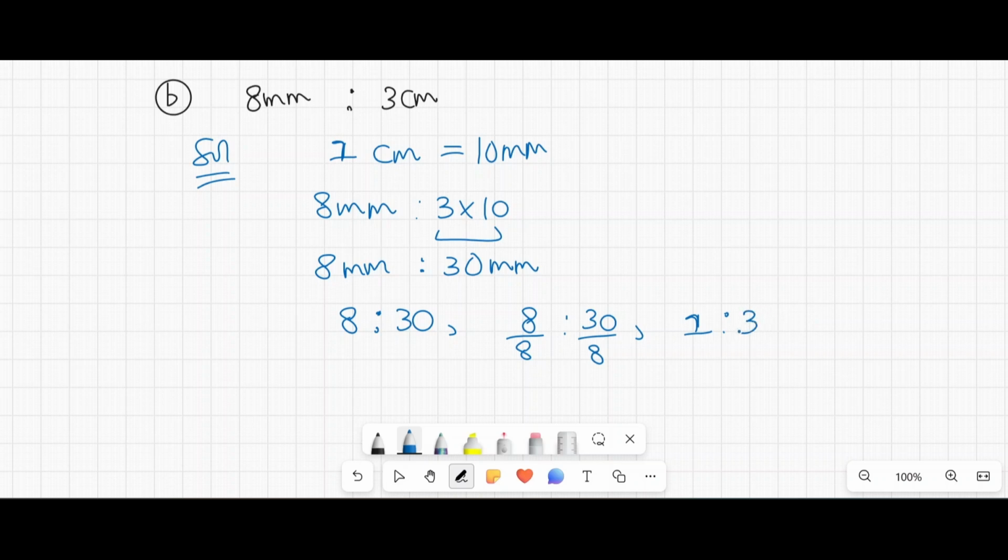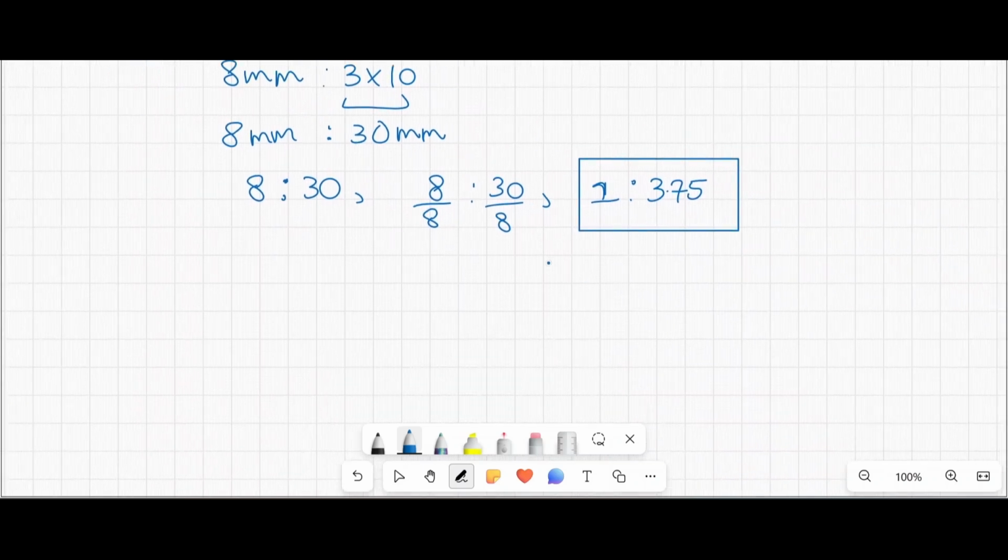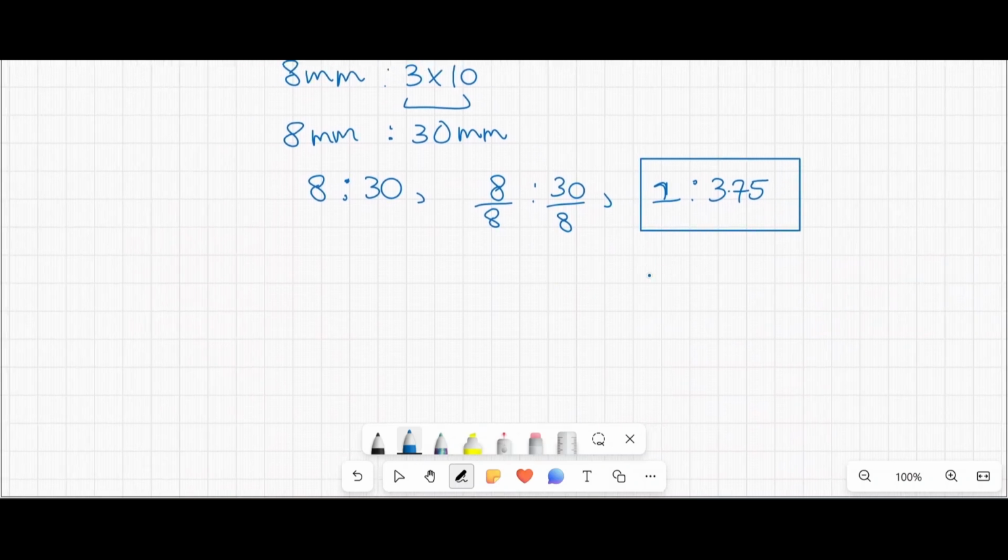Or maybe if you want to write it like this, as 1 ratio 24 divided by 8 plus 6 divided by 8, so 3 whole, and if you divide by 2 you will get 3 by 4.